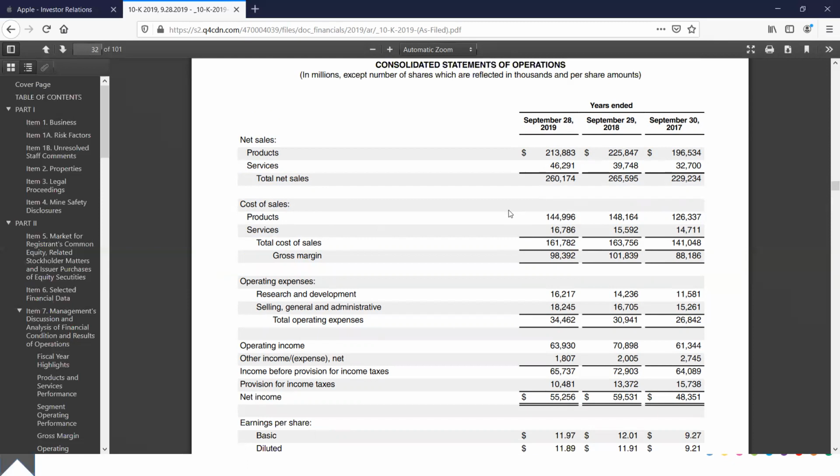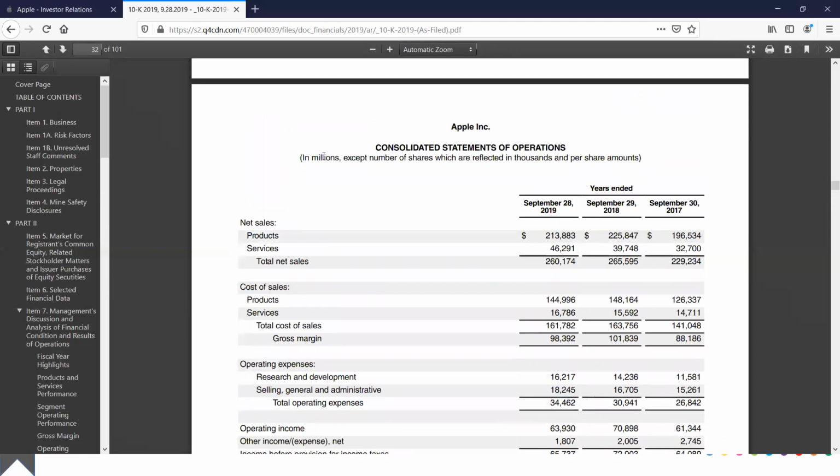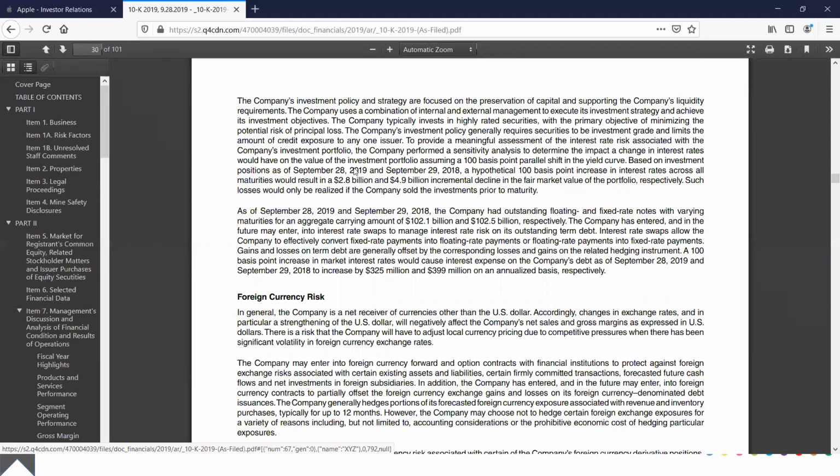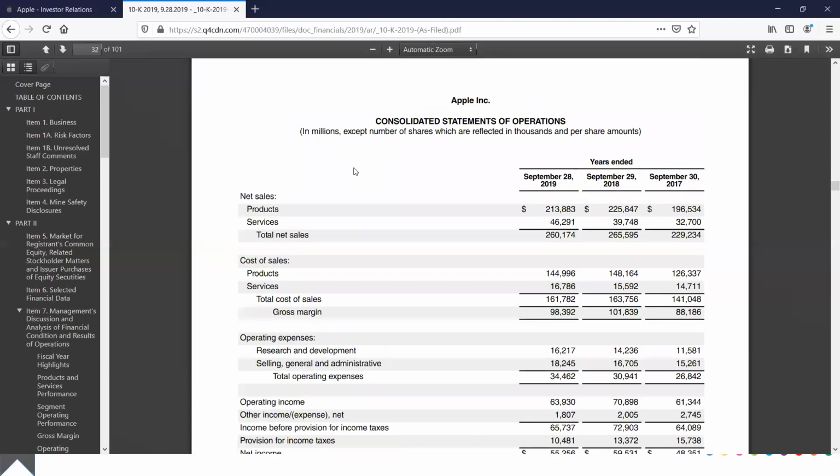This figure is given in millions. So that's the figure for cost of sales.